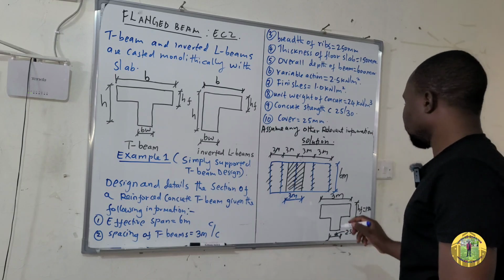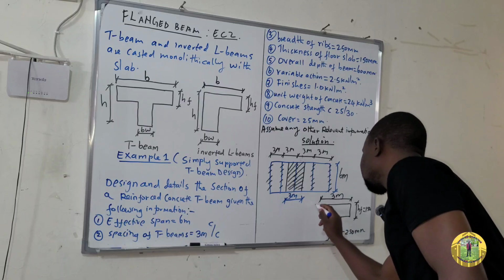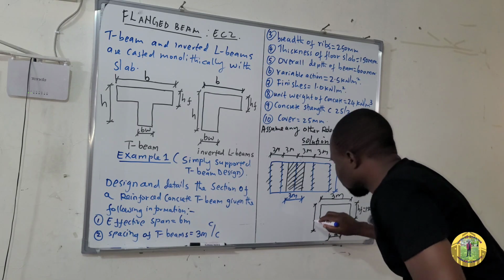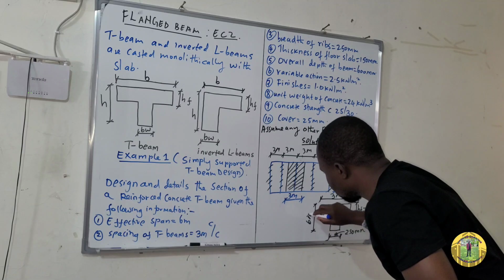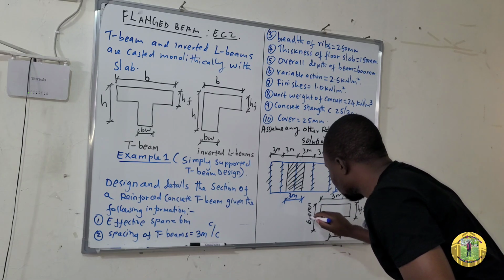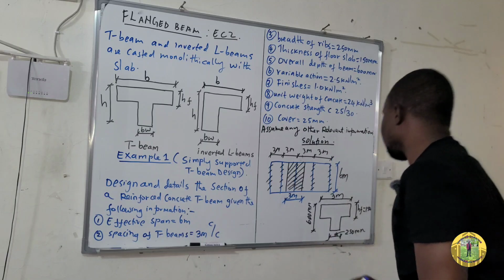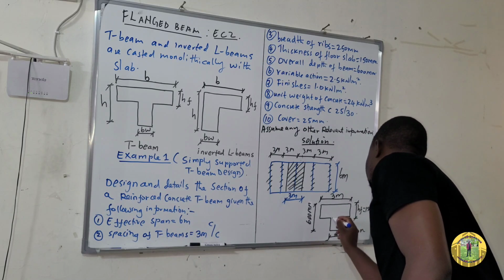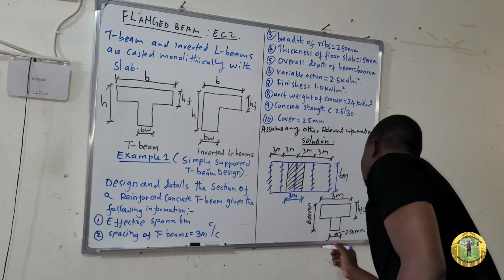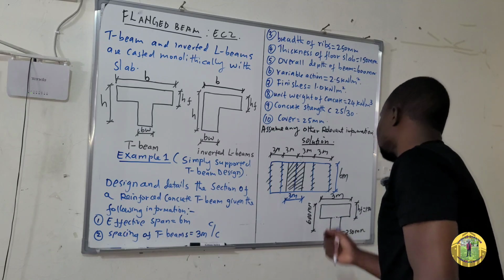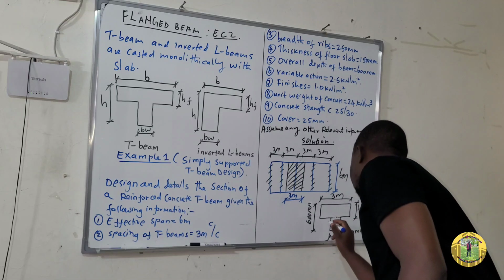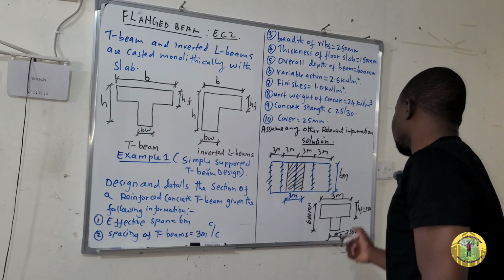And then here is the overall depth, which is 600 millimeter. We can as well divide this into two. So this one is the slab, and this one is the depth of the beam, which will be 600 minus 150.